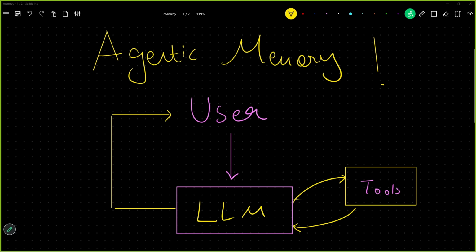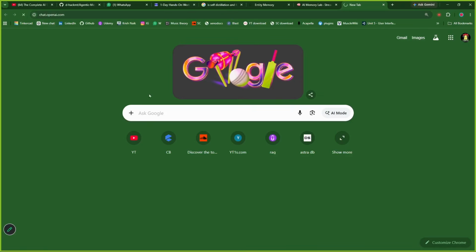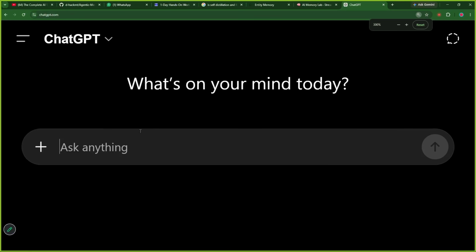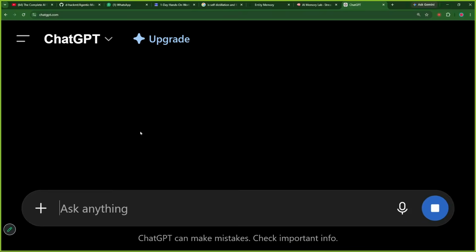Now, why do we need agentic memory and what is agentic memory? Everything we will understand. All right. A very simple example of this. If I just quickly open ChatGPT and if I tell ChatGPT, my name is Divesh and I need to learn agentic AI.